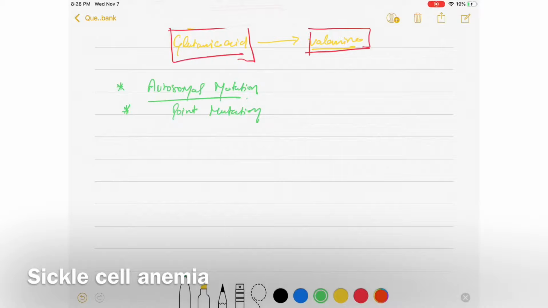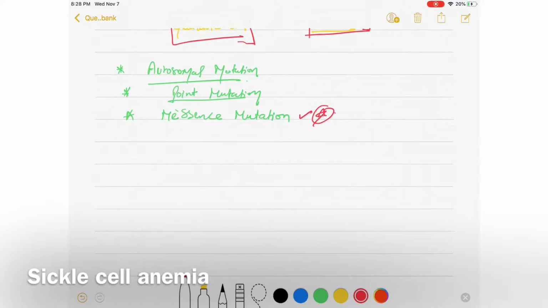We can also say it is a missense mutation. This one is a little complicated, and questions always come on it. Always remember this is a point mutation, an autosomal mutation.